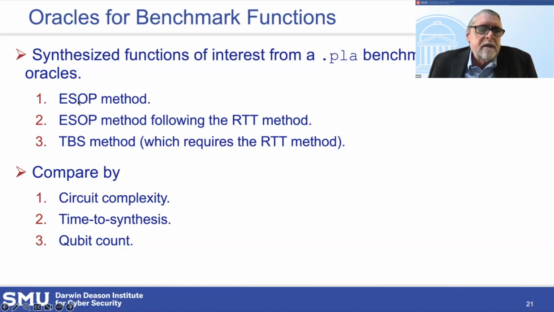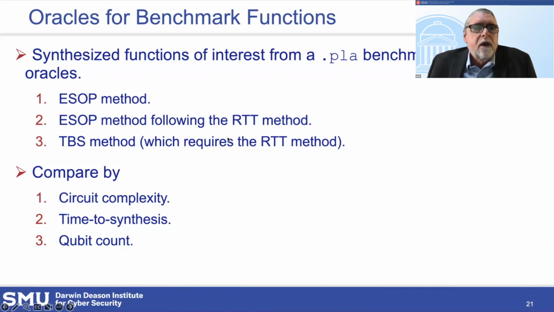We compared this method 2, the ESOP method, with method 1, which is the table method that requires the function embedding. Now, the ESOP method doesn't require function embedding at all, but we went ahead and ran that case anyway because we wanted to get an apples to apples comparison between ESOP and TBS.